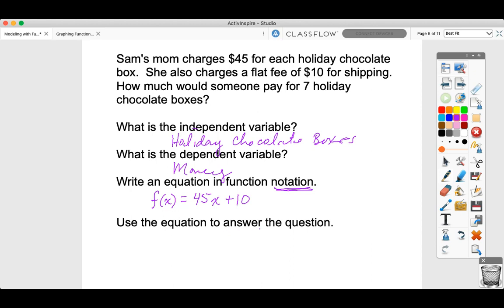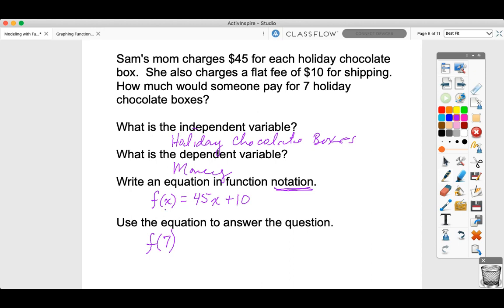So now we're going to use the equation to answer the question. Now, this is a function of x. Remember we talked about the function machine. If we drop in a number, we do this to the number, and then it spits out another number. So here, the number that we're dropping in for x is 7. So this is now going to be f of 7.